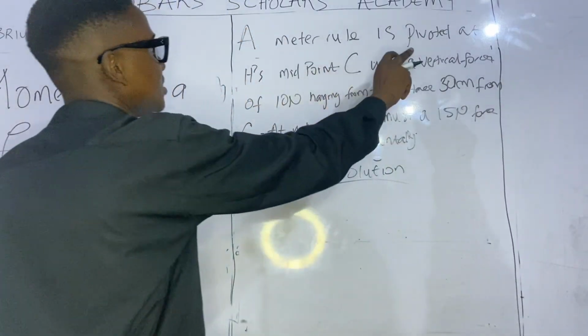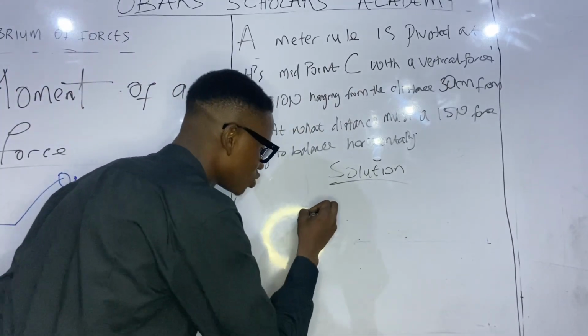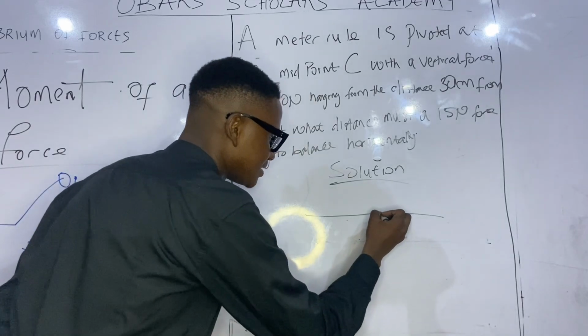It says a meter rule is pivoted at its midpoint. So let's draw the diagram. Let's assume this is a meter rule, pivoted at its midpoint.